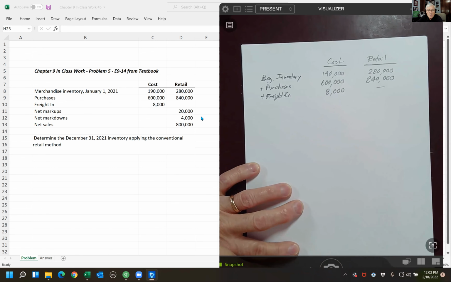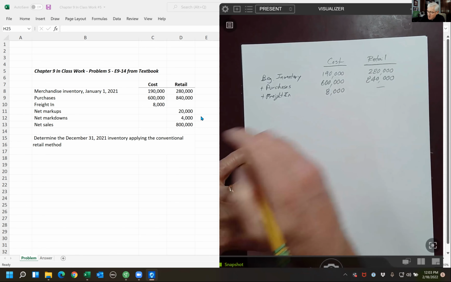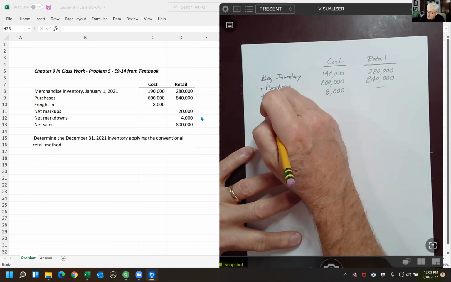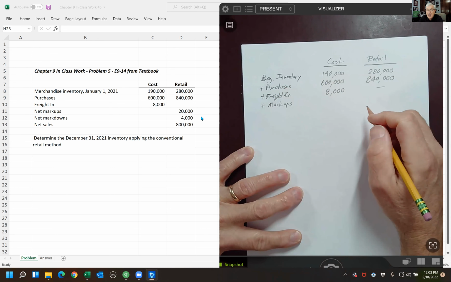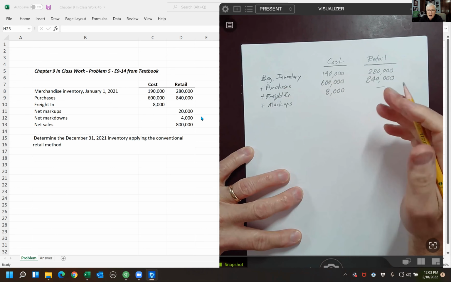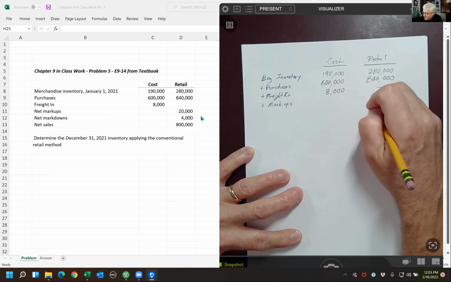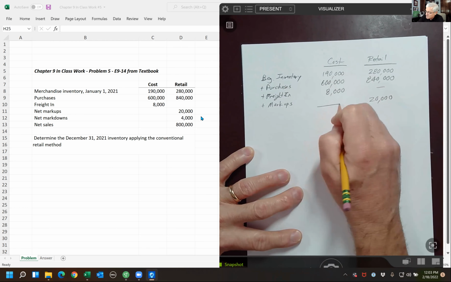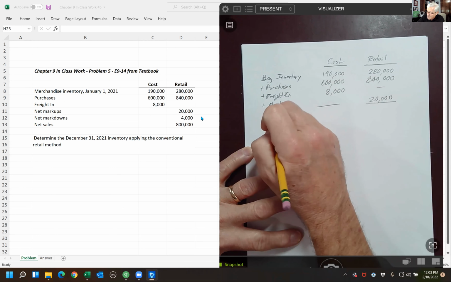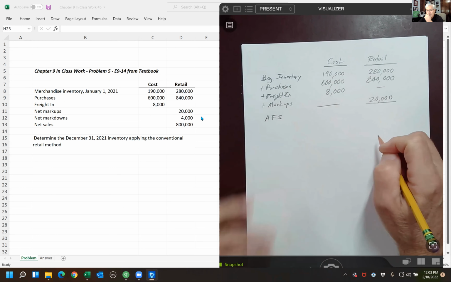And so in the conventional retail method, we use the markups on the retail side to help calculate our cost to retail percentage. We do not use the markdowns. So we add 20,000 here. Let's go available for sale.